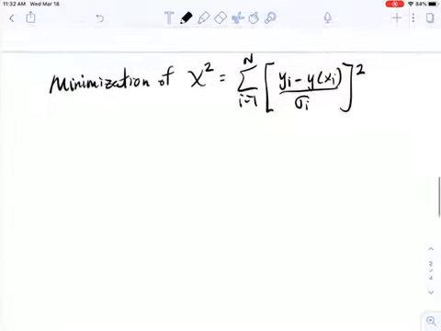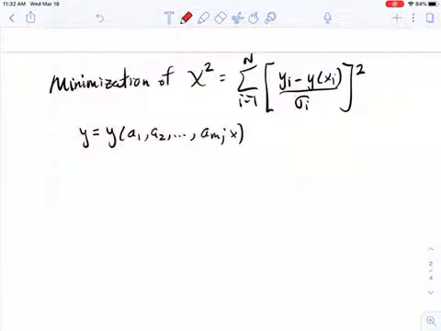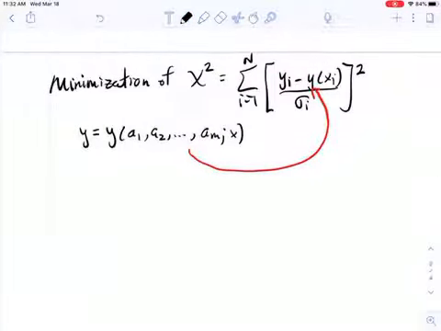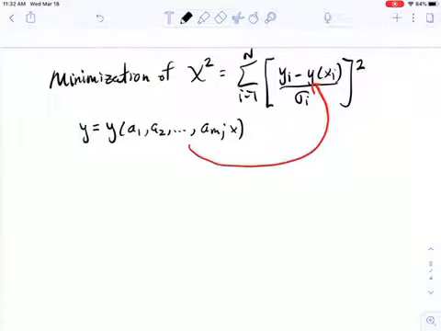So what I want to think about doing is a Taylor series expansion of chi-squared about its minimum point. So let's remember that y is a function of all of these parameters. And so this is the y that is sitting in here. Okay, so it's the y that we're using to do the model calculation of y at xi.